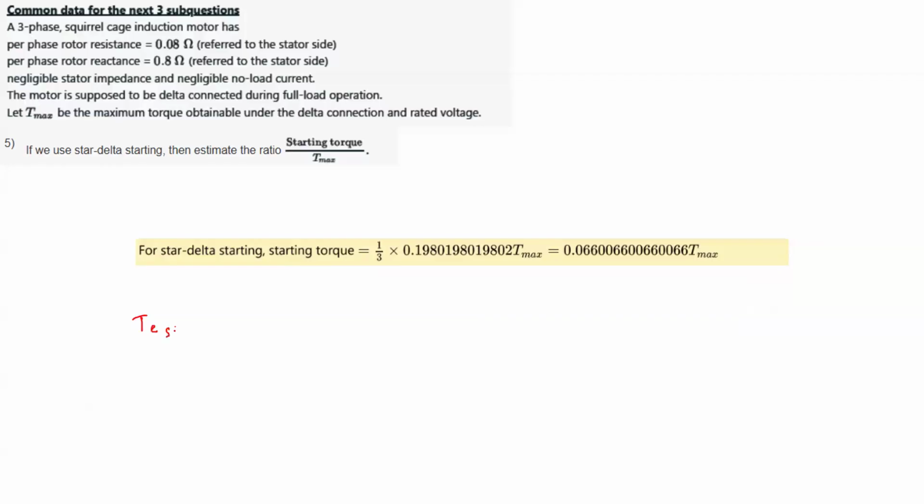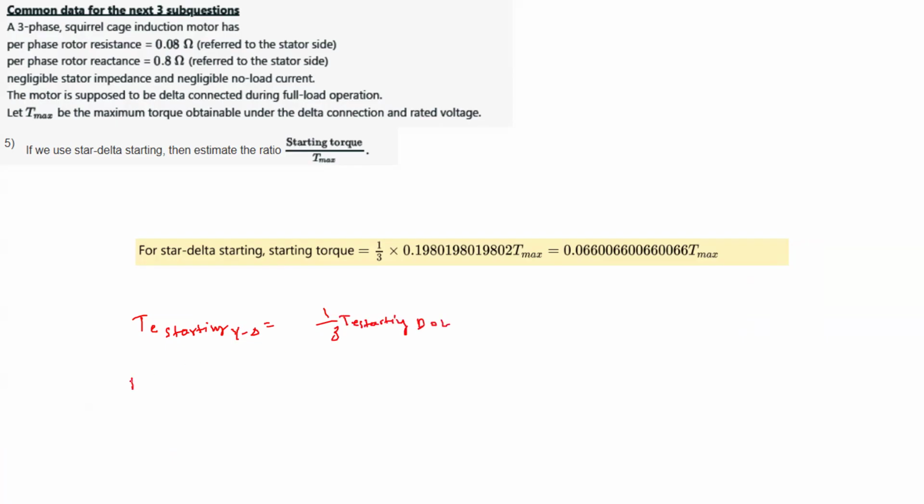So T starting star delta is 1/3 of T starting DOL.